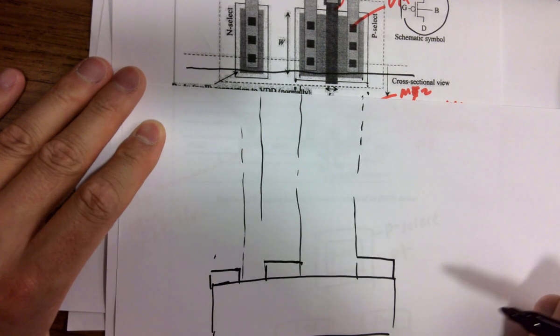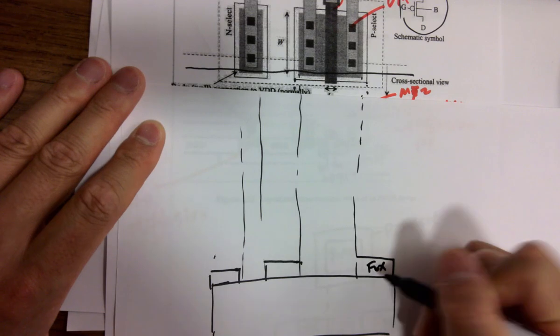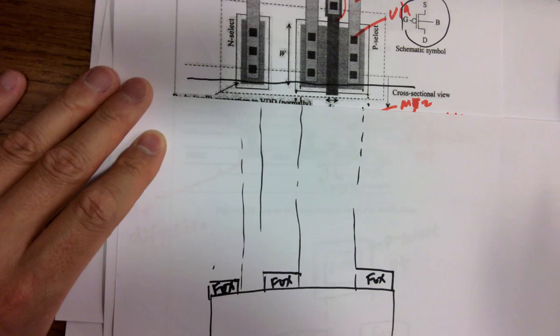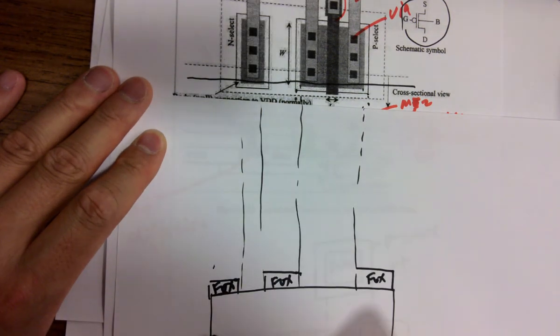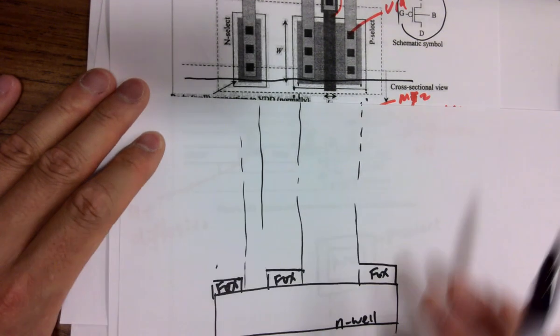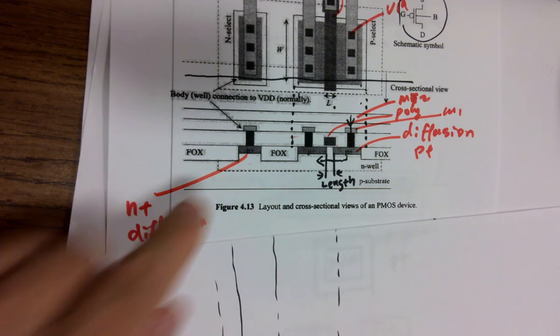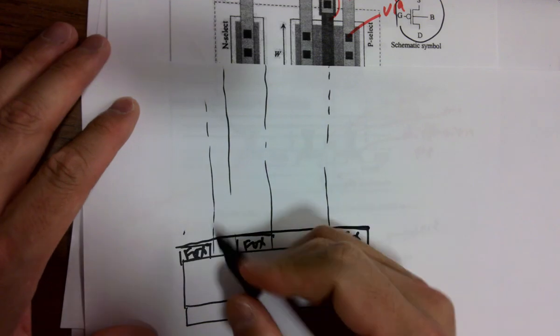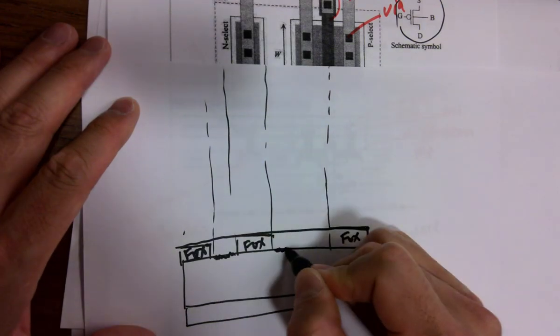It will be like this. Fox, Fox, Fox. And N-well covers the whole thing pretty much. So I just draw N-well. I mean, you can see in the example over here, they drew the Fox line on the top, which is just a line. It's okay. So just draw the line over here. It's not a big deal.